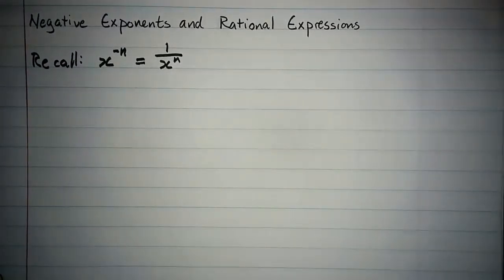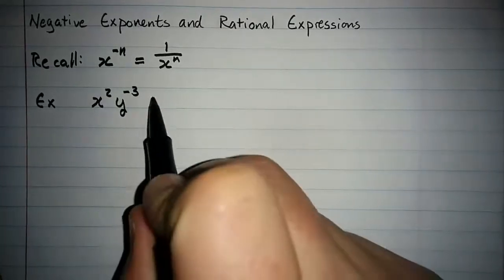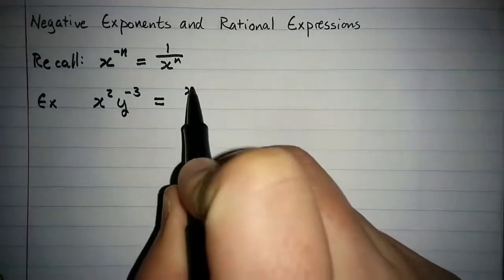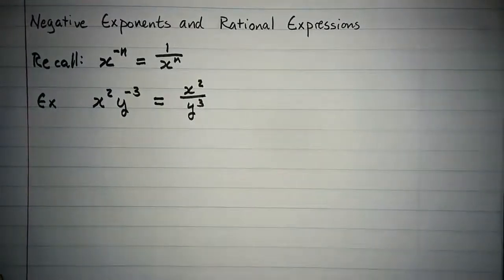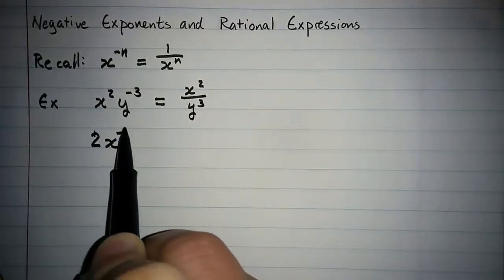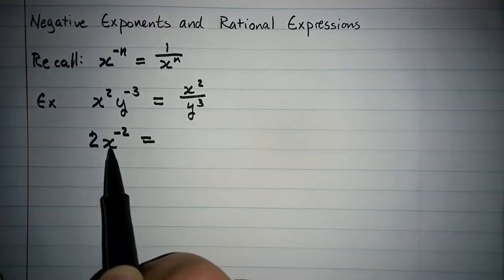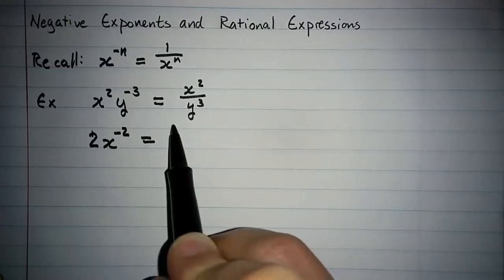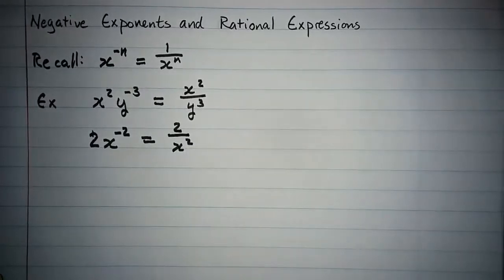And therefore, we could rewrite, for example, x squared times y to the negative 3 as x squared over y cubed. Or, as another example, 2x to the negative 2 as, notice that the negative 2 power only applies to x, 2 over x squared.